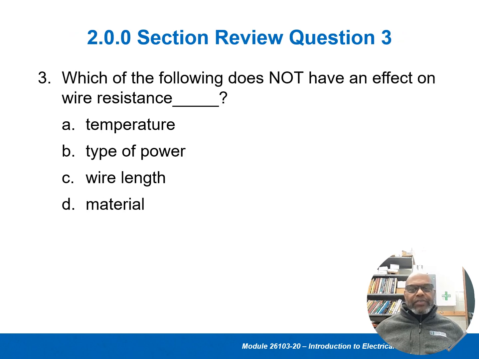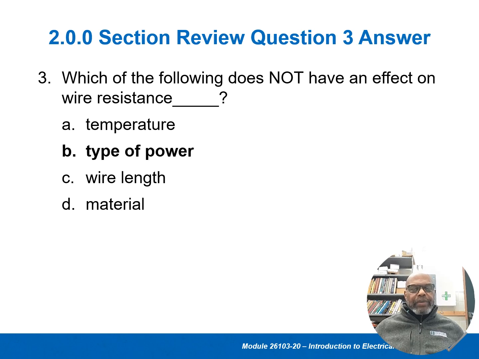Which of the following does not have an effect on wire resistance? Is it temperature, the type of power, the wire length, or the material? It may surprise you. It is the type of power.